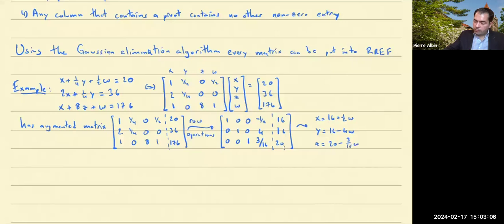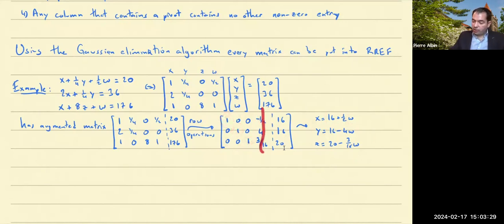16 w. Right. So notice what I've done here when I translated it back to equations is I'm keeping on the left-hand side the variables that ended up with pivots in their column, and then the variable w, which got the 4th column, doesn't have a pivot in its column, because this matrix has pivots right here.